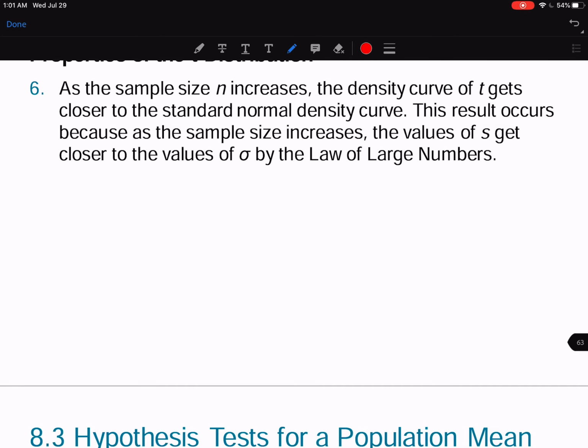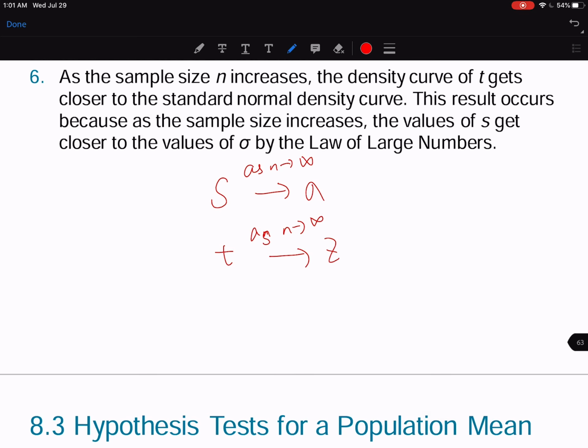So that means the sample standard deviation s is getting closer to the population standard deviation sigma as n goes to infinity, which means the t-distribution is getting close to the z-distribution as n increases or goes to infinity. We saw a graph in the lecture video of 7.2, I think, showing that when the sample size n gets larger and larger, the t curve gets closer to the normal curve.